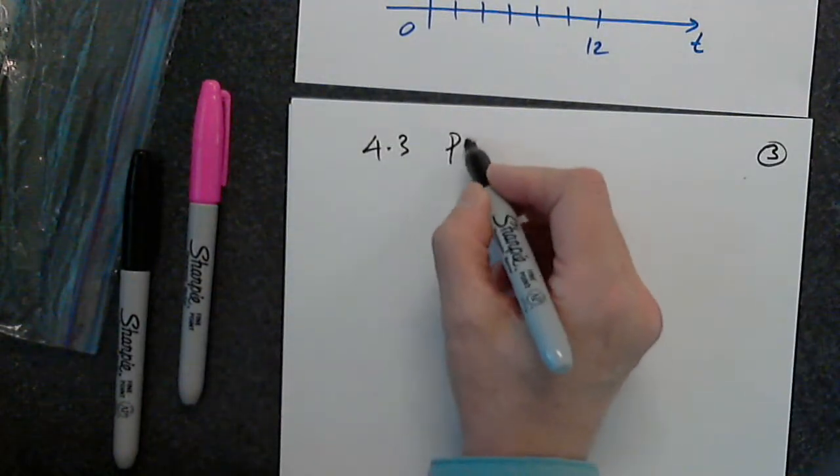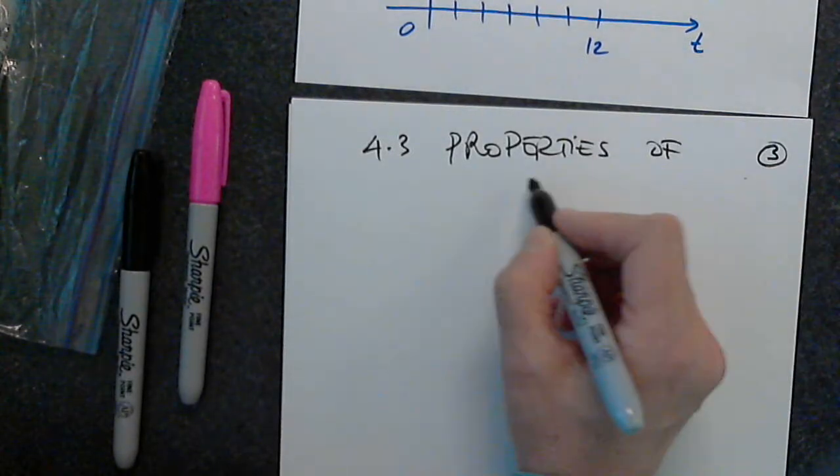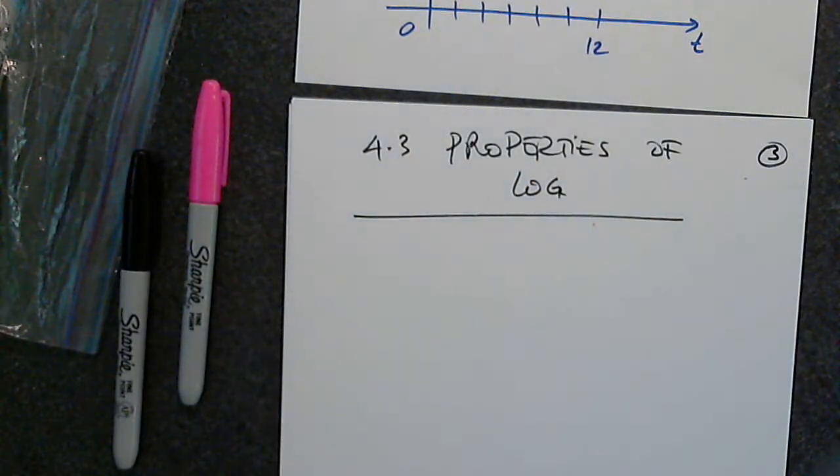Okay, so let's continue then with properties of log. Properties of log function. Only this function has these three properties. No other function has these three properties that I'm going to list in a minute. Also, there is what it's called the change of base formula.